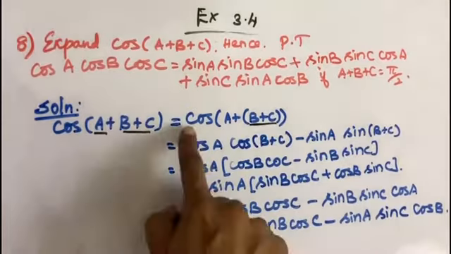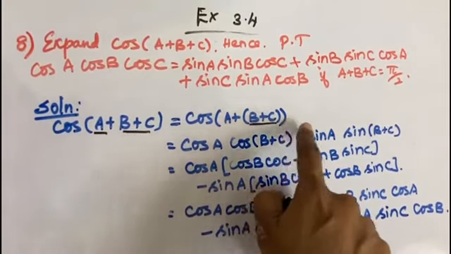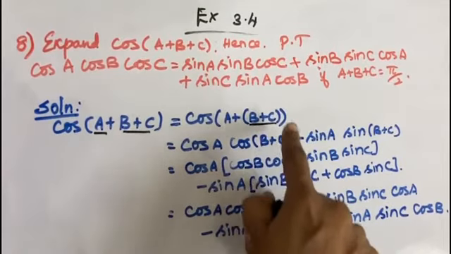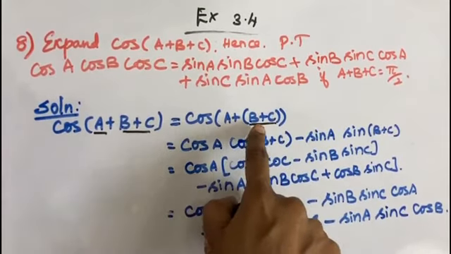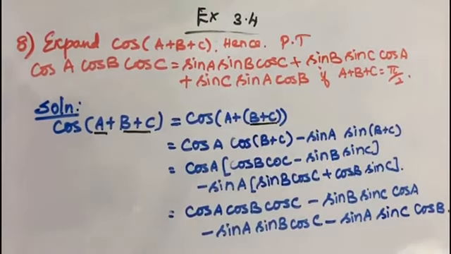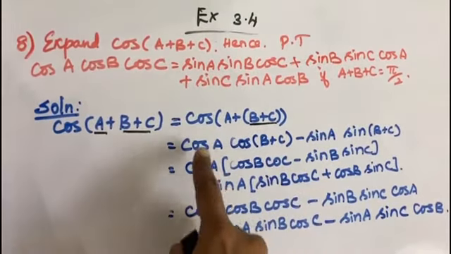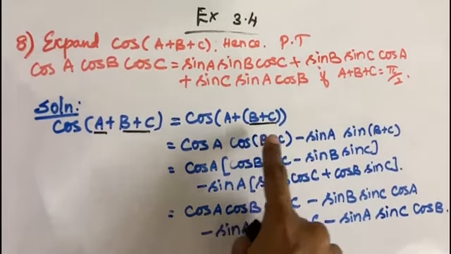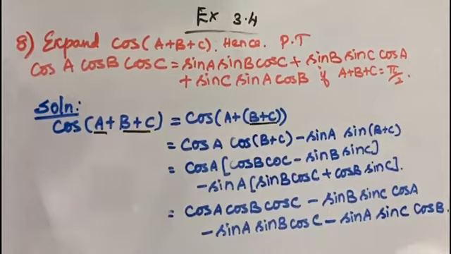So cos A cos B minus sin A sin B. Here we have to treat B plus C as one angle. Okay. So cos A cos B minus sin A sin B. That's what we have written here. Now in the next step, keep cos A as it is and expand cos B plus C.